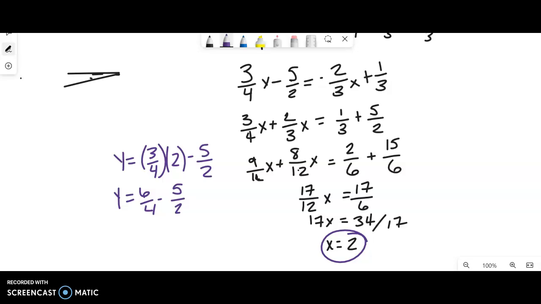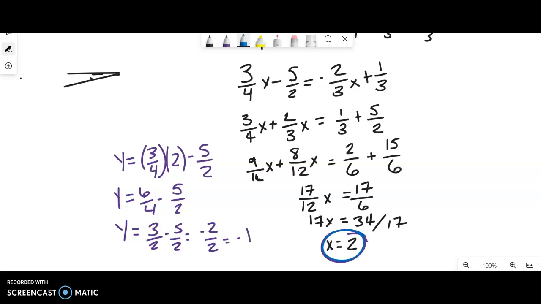Now I need to subtract, so I need to have like denominators. I'm going to change this guy from 6 over 4 to be 3 over 2. 3 over 2 minus 5 over 2. 3 minus 5 is negative 2 over 2, which is negative 1.